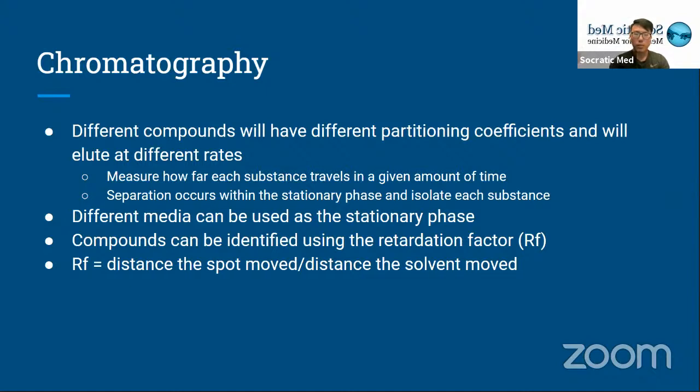Once the spot with the sample that's placed moves, it will separate out into its different compounds. So some compounds will move farther, while some compounds will barely move from that original spot. And when you take the distance that the spot moved and divide it by the distance the solvent moved, you can find the RF factor, and the RF factor is used to distinguish between the different compounds.